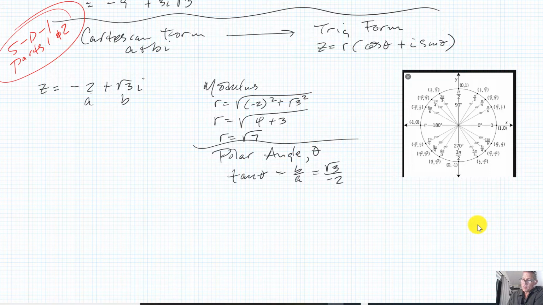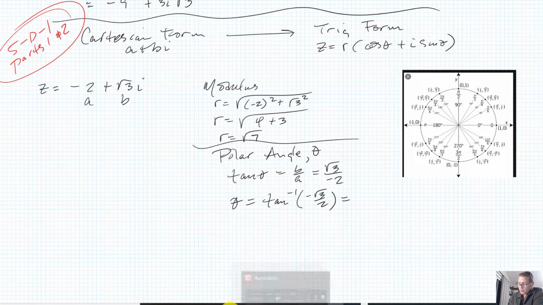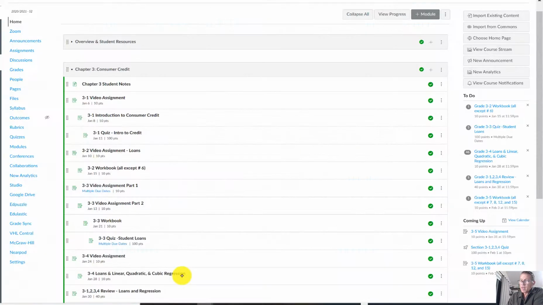Given that, theta is the inverse tangent of negative root 3 over 2, whatever that is. You can get that by looking at your reference angles and your 30, 60, 90 triangle, or you can use Desmos, which we use in this class. So let's use it, okay?